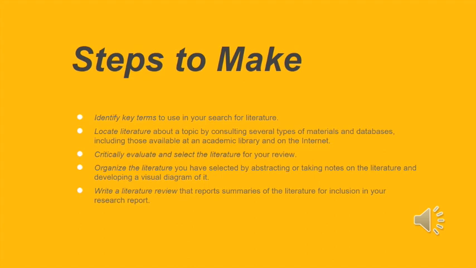The first is identify the key terms, the second is locate literature about a topic, the third is critically evaluate and select, the fourth is organize the literature you have selected, and the last is write the literature review. Let's talk about the steps one by one in the next slides.